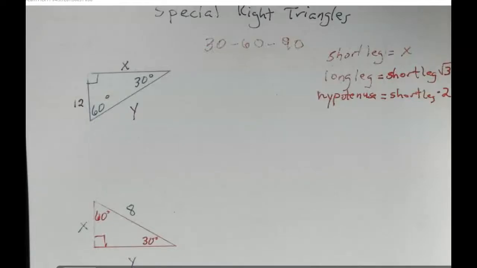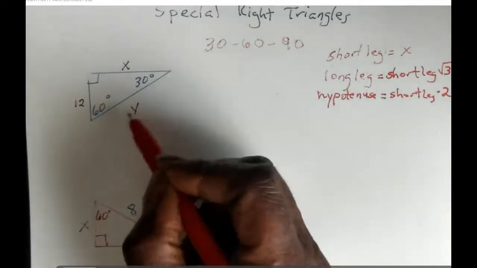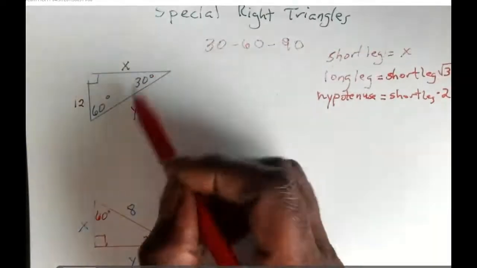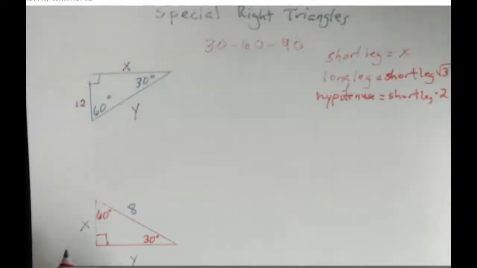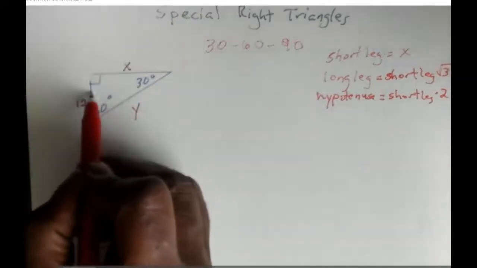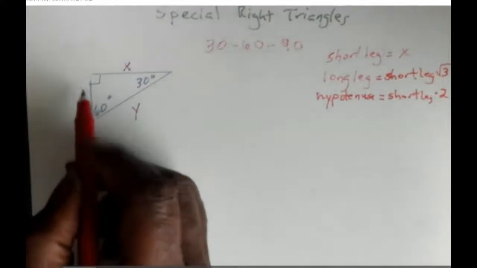Okay, guys, now that we've gone over the preview for our 30-60-90, there are a few examples I'd like to go over with you. Okay, the first example is our 30-60, where our short leg is 12. Now, when given these problems, you notice that it is a 30-60 degree right triangle. So what I would like to see you do is to identify the long leg, the short leg, and so forth. So remember that opposite the 30-degree angle is our short leg.